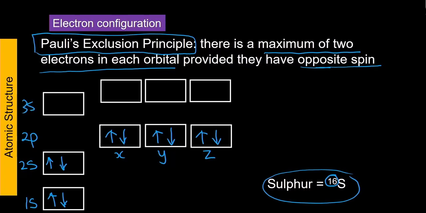How many have we got so far? 1, 2, 3, 4, 5, 6, 7, 8, 9, 10, 11, 12. We go to the 3p, 13, 14, 15, 16. There we go. That is the configuration for sulfur.